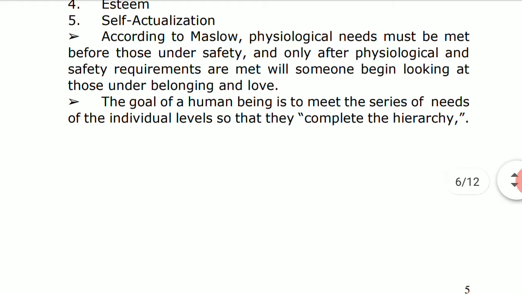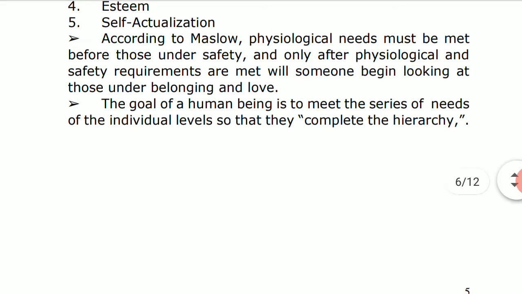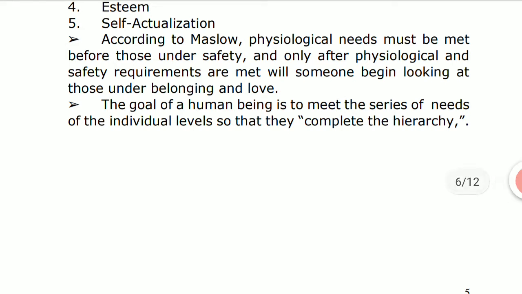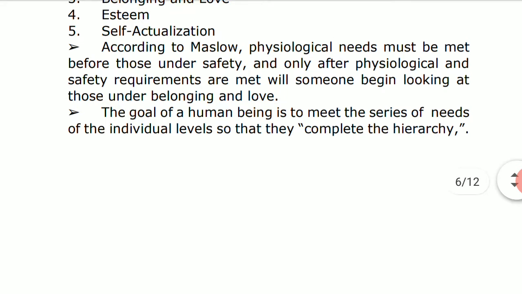Let us begin. According to Maslow, the physiological needs must be met before those under safety, and only when physiological needs and safety requirements are met will someone begin looking at those under love and belongingness.